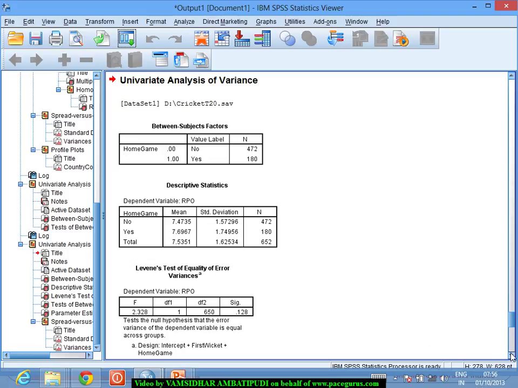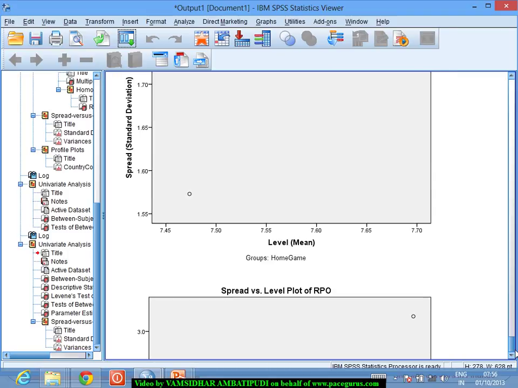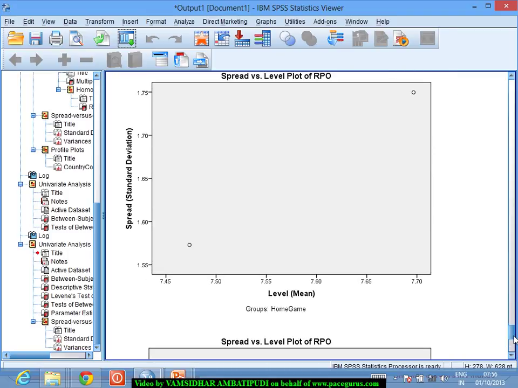The same we can visualize using the spread versus level plot also, but we hardly see only two entries going as a part of the plot. So probably it may not be a sufficient number of values to really interpret, because there are only two values, level means and level standard deviation.